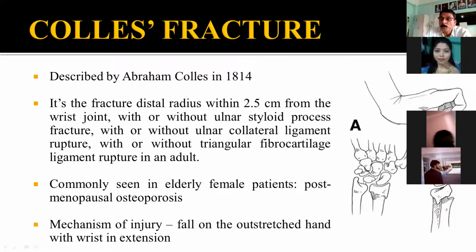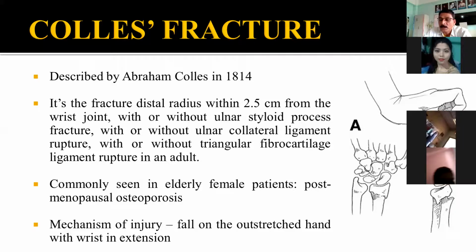So these combinations of injury may or may not take place. So the fracture takes place within 1 inch of the wrist joint, distal radius, with or without fracture of the ulnar styloid process, with or without ulnar collateral ligament injury, or with or without injury to the triangular cartilage, in an adult.